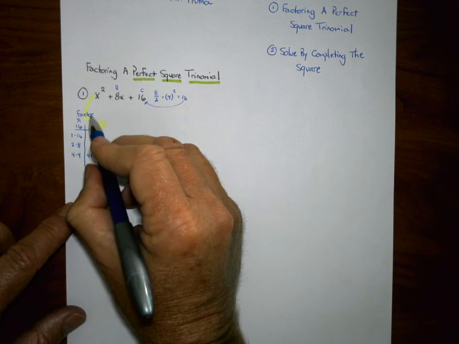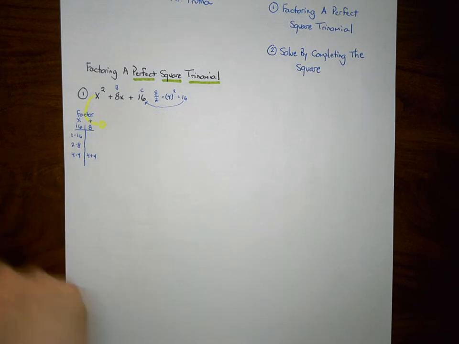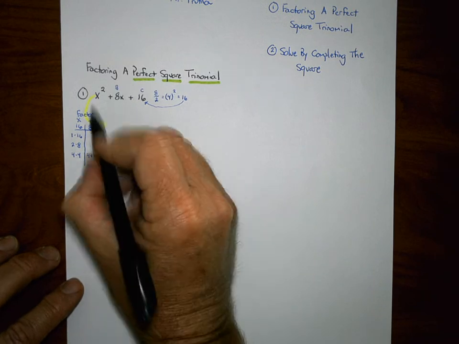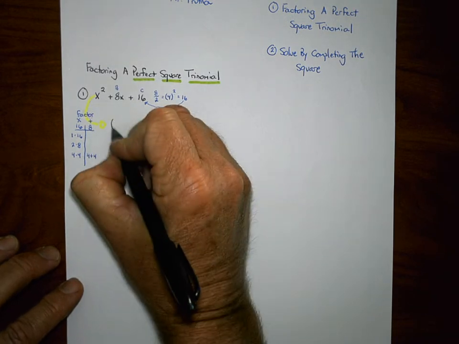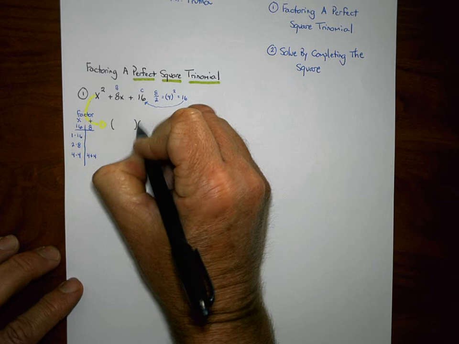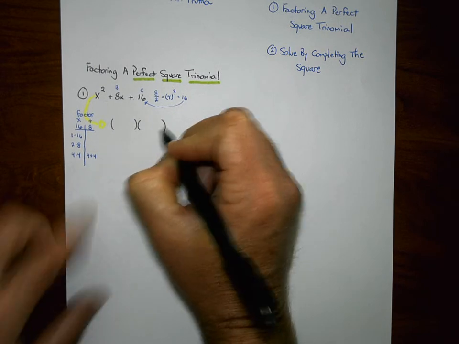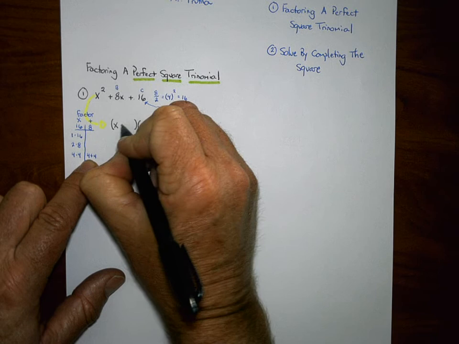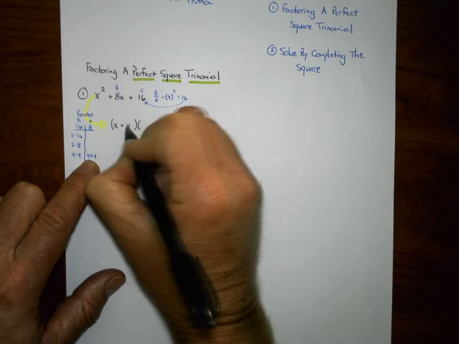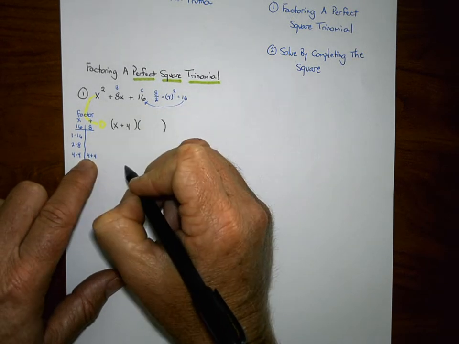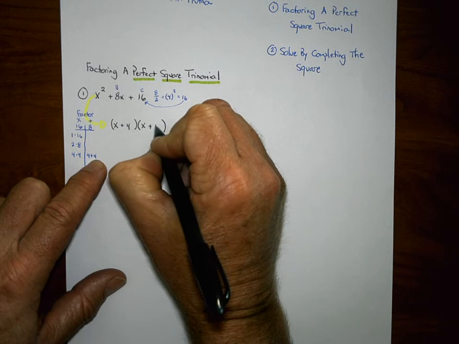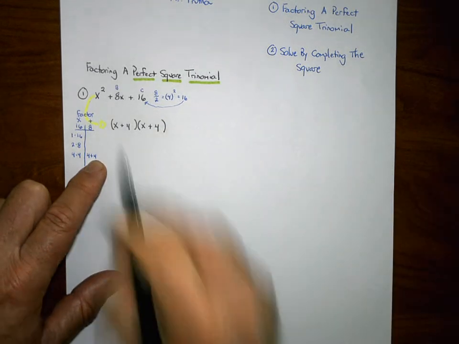When we factor this trinomial, x squared plus 8x plus 16, it will factor into the result of 2 things multiplied together, and those 2 things are x plus 4, and the reason it's plus 4 is because that's a positive 4, and then your other factor is also a positive 4.